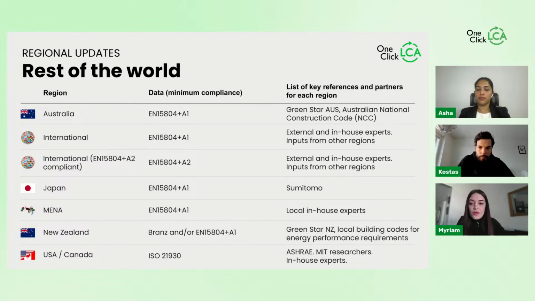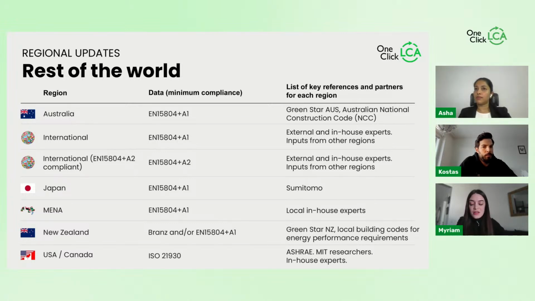What we're trying to do is also expand our scope beyond Europe. That is why we also cover the United States, Canada, Australia, New Zealand, Japan, and the Middle East and North Africa. With the help of Sumitomo, for example, we were able to develop the Japanese reference building. However, for the Australian and New Zealand reference buildings, we referenced the Green Star Australia and Green Star New Zealand guides.